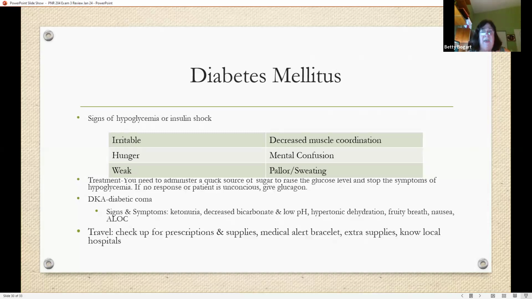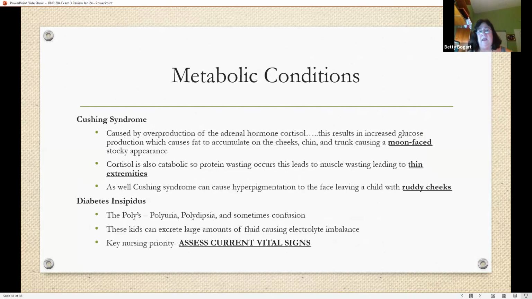Make sure they have everything they need, and also research: is there a hospital around where I'm going in case of any emergency? I mean, would you go somewhere where there was no hospital anywhere with a child with diabetes? Not really, because you still need to make sure they're taken care of.